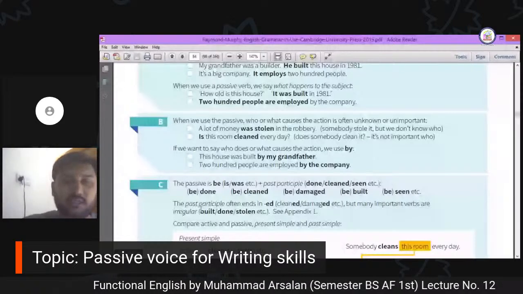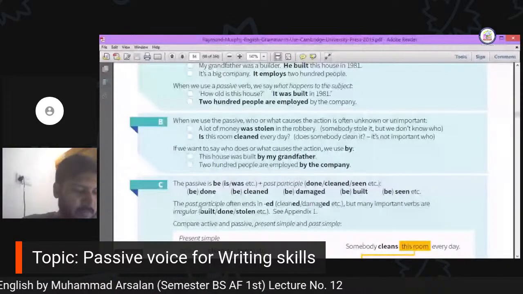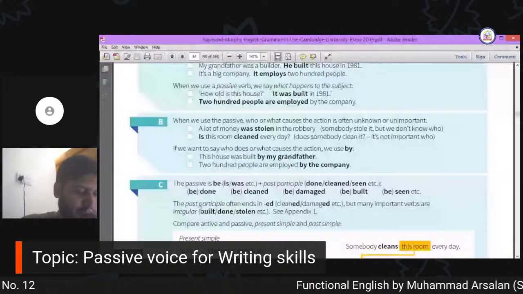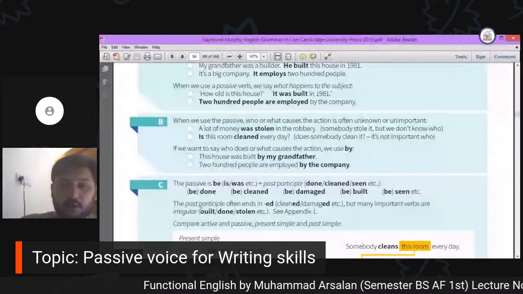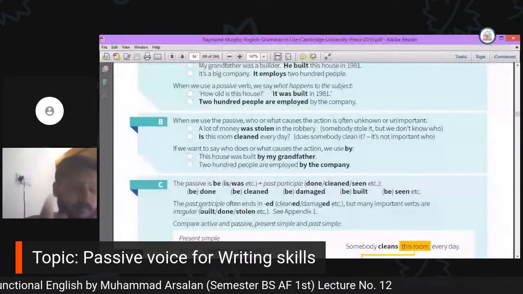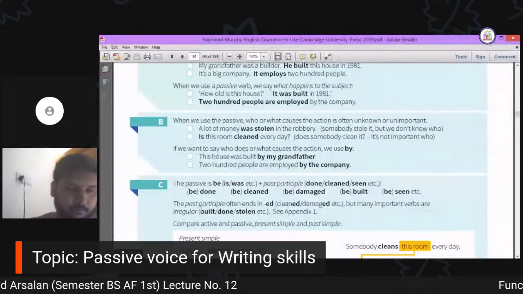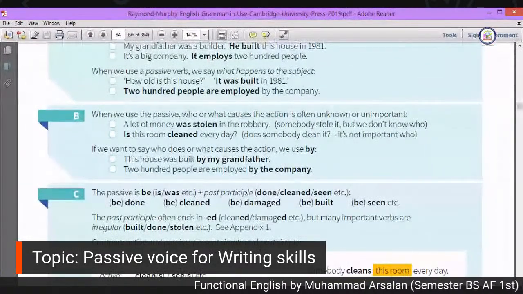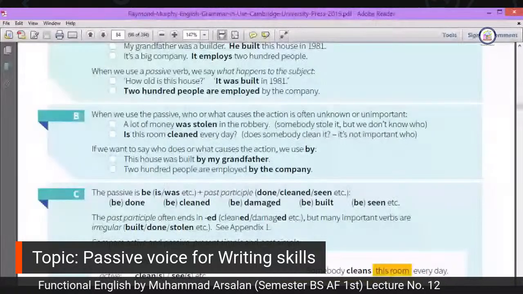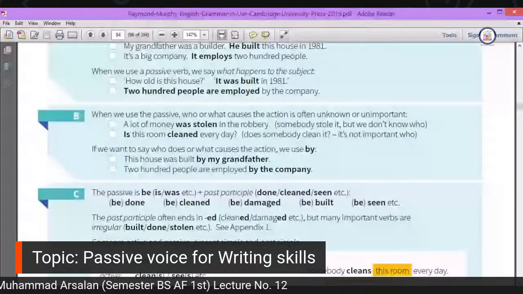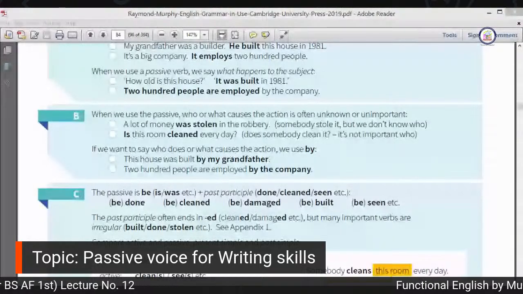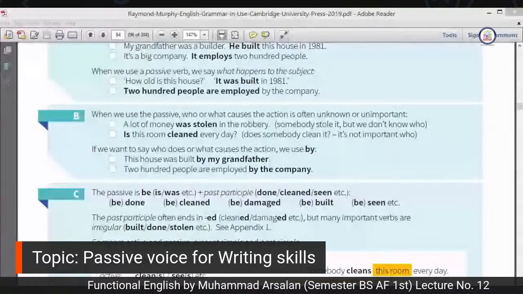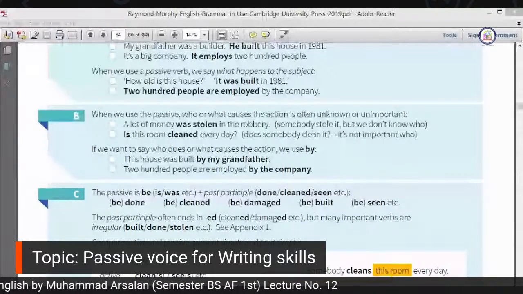It starts with the object, followed by the verb be, and then the verb third form.